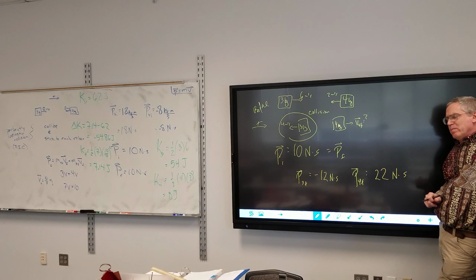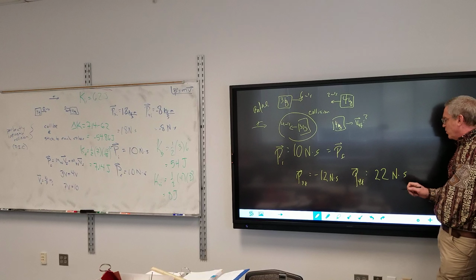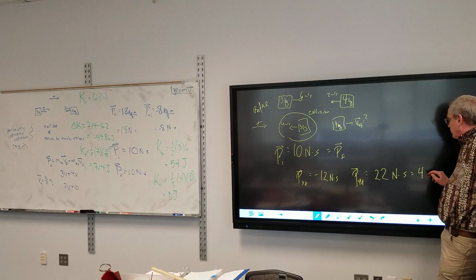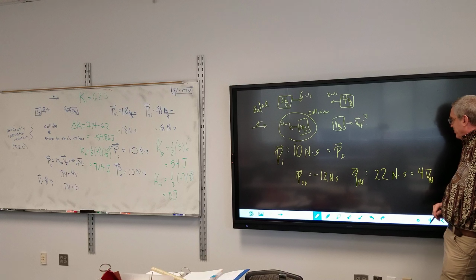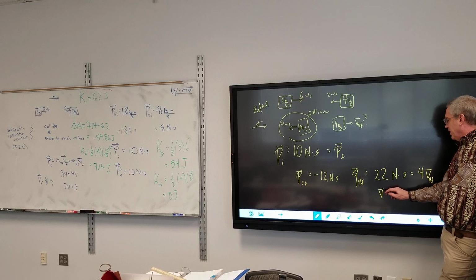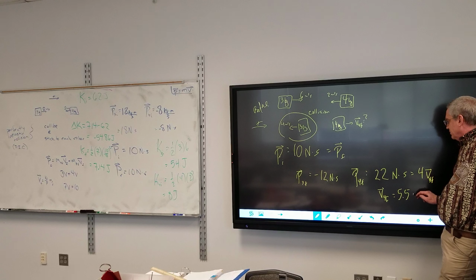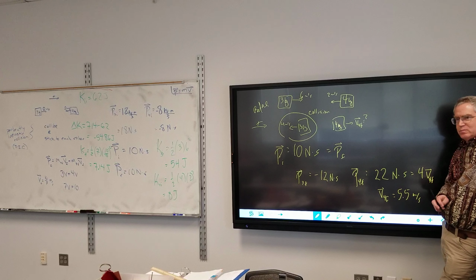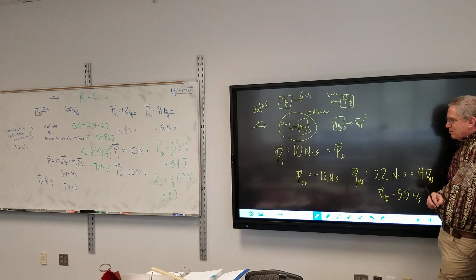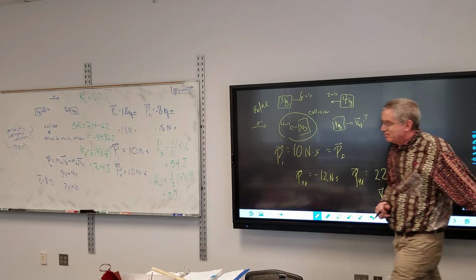So I know the final momentum of the 4 kilogram mass is 22 Newton seconds, and that's going to be equal to 4 times V final, V4 final. Mass times velocity. And so my final velocity of the 4 kilogram mass is 5.5 meters per second. Now let's take a look at the kinetic energy.